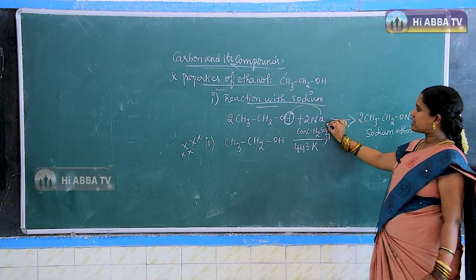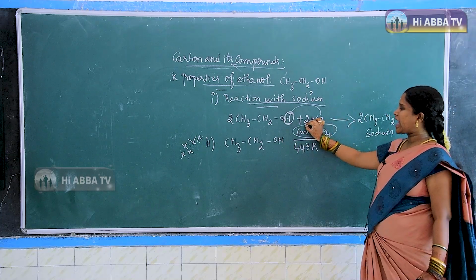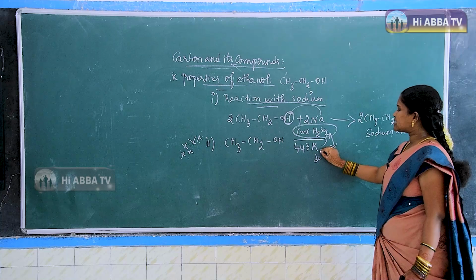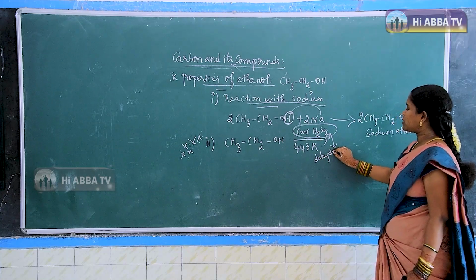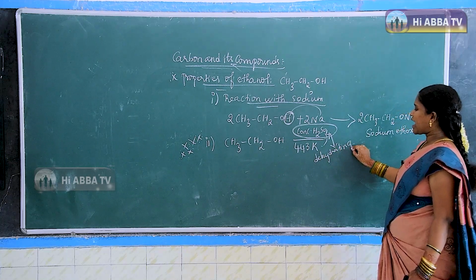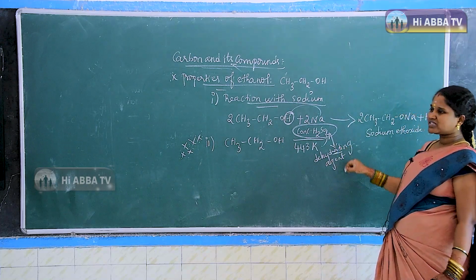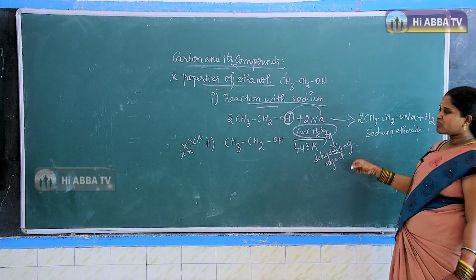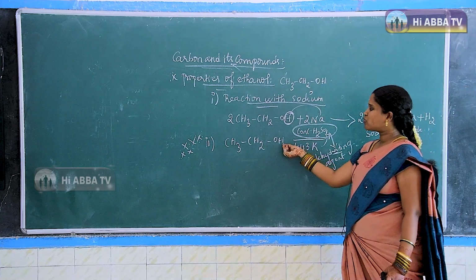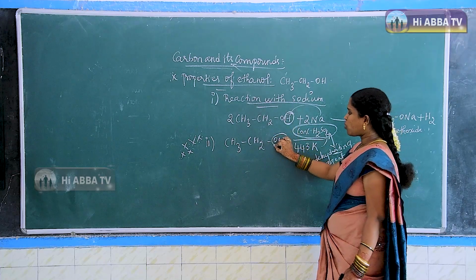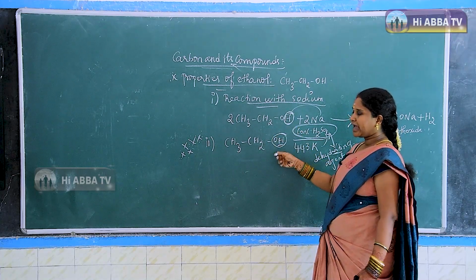Here the concentrated sulfuric acid will be acting as the dehydrating agent. This is an important keyword, you have to note it down. What is dehydration? It is nothing but removal of water. So I am going to remove water from this. What is the formula for water? H2O.